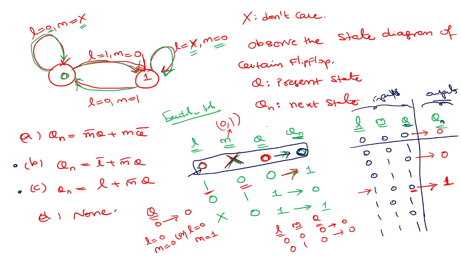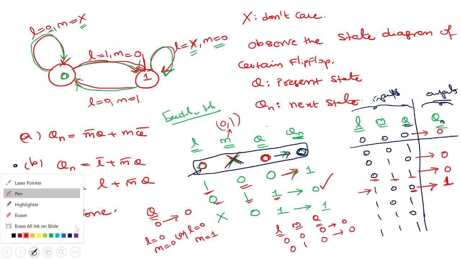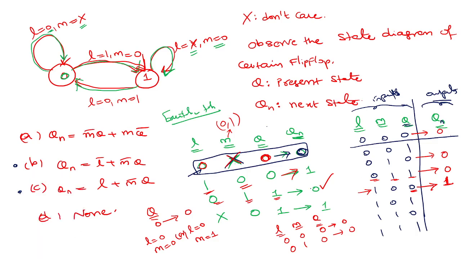Next, L equal to 0, M equal to 1, when Q equal to 1, 0, 1, 1, right? You will move to, sorry, correct? Which one is this? 0, 1, 0, right? This one. Let me take another pen. Okay.